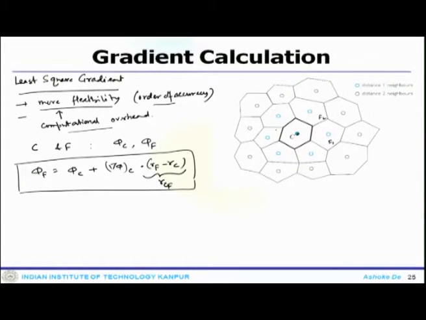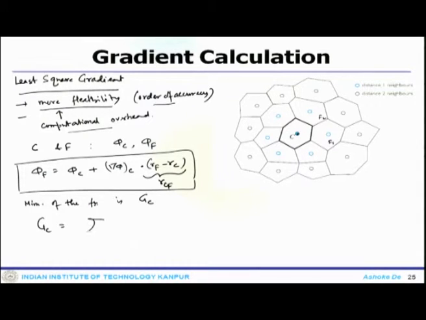So in the least square method, a gradient essentially is going to be computed by an optimization procedure. So you calculate this gradient by an optimization procedure.